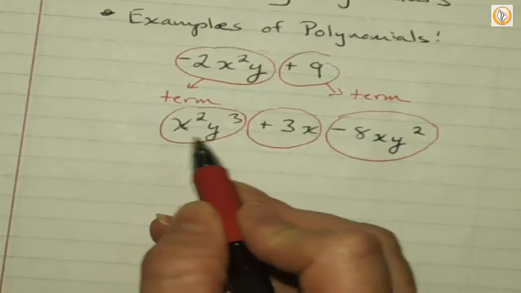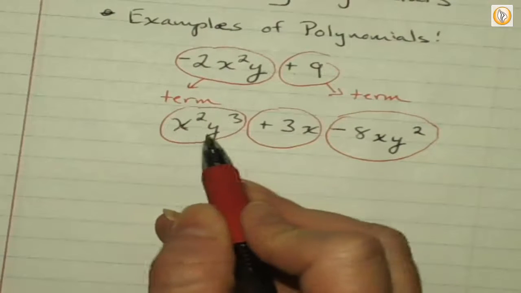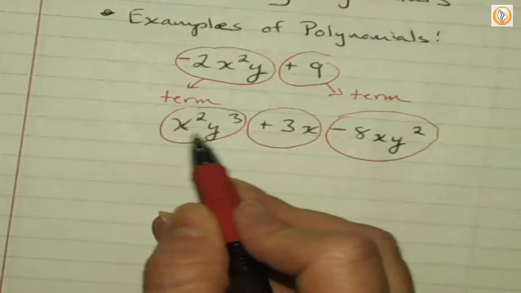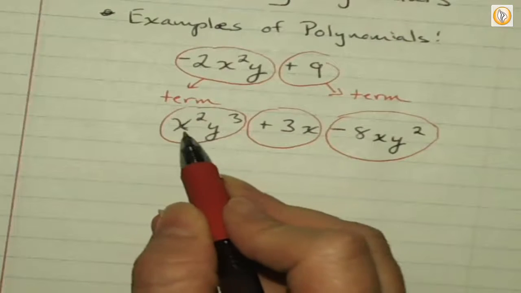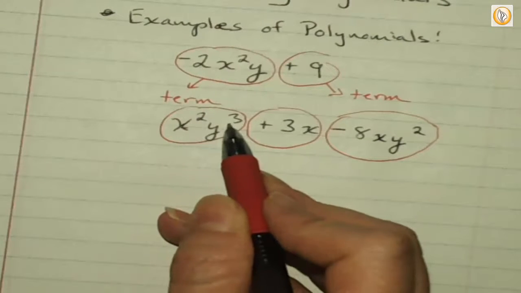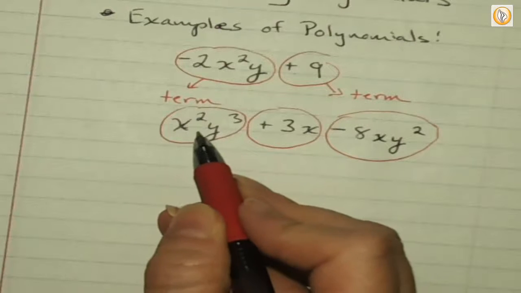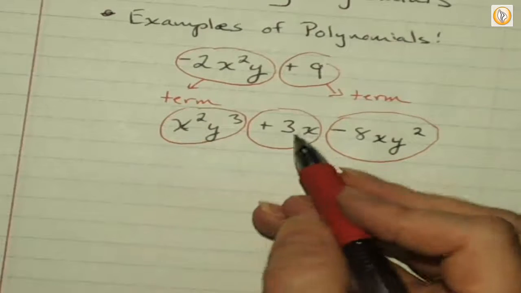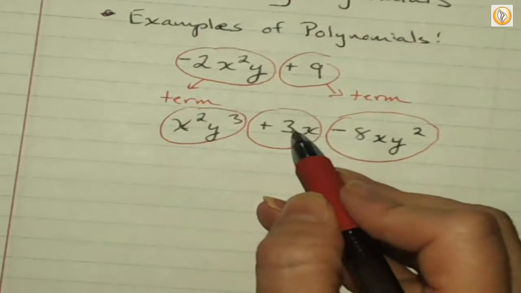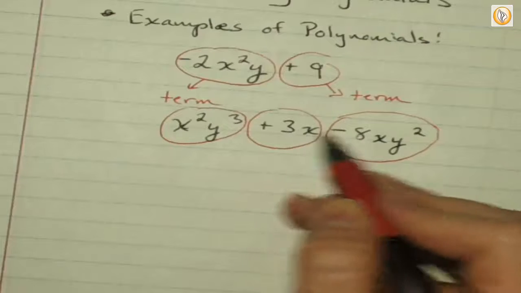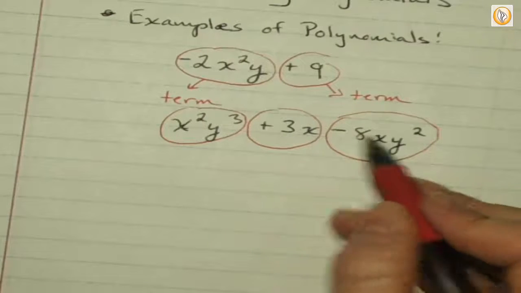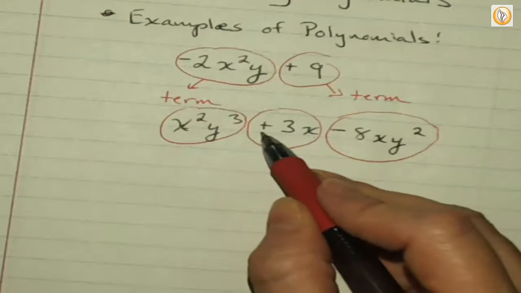So in each term, what operation is taking place? Multiplication. The x squared times y cubed is what's going on here. But that's one term. That's 3 times x, 3x. Here's another term. But these two are being added.